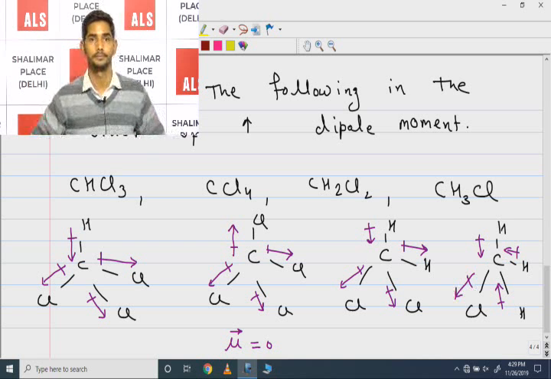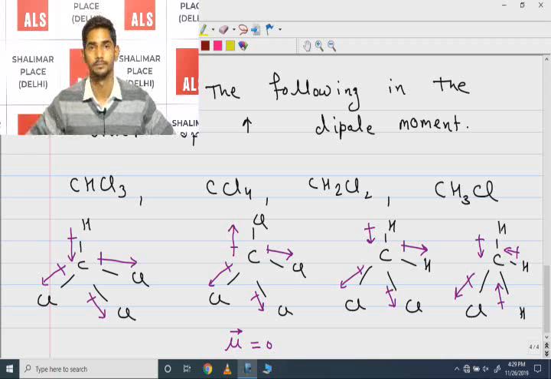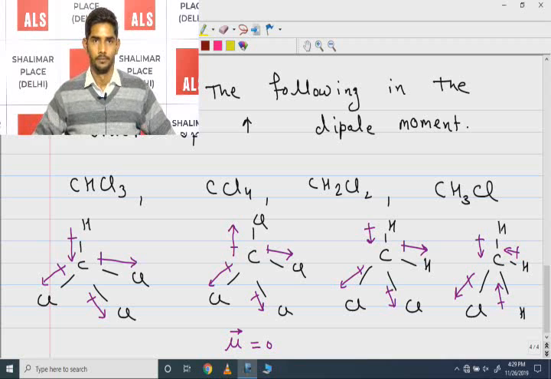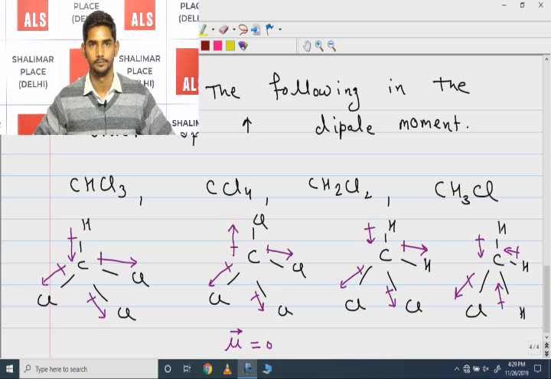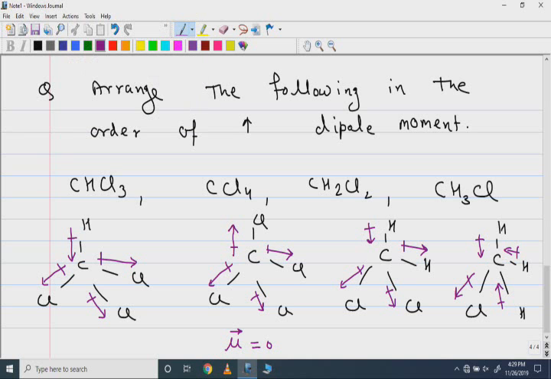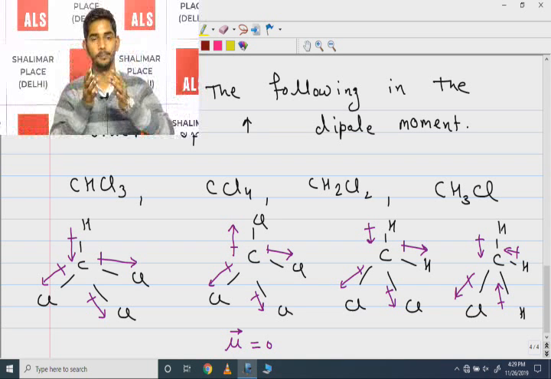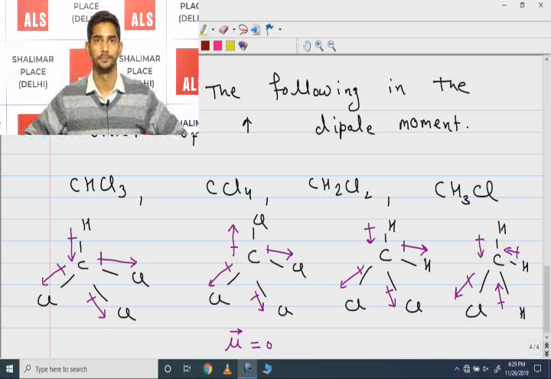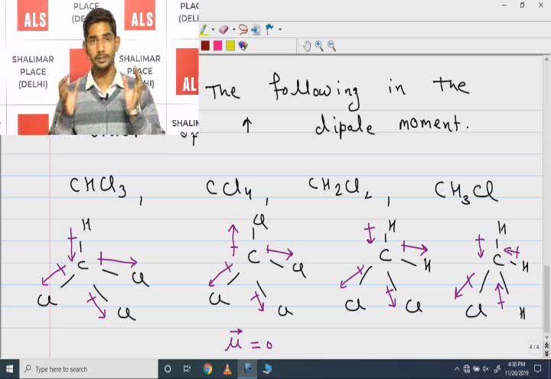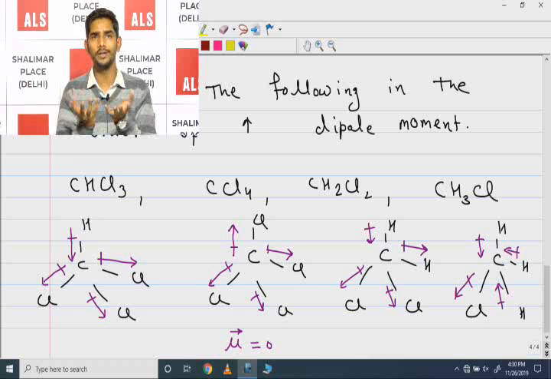Check out and tell me what the order should be. Think like this: where are you getting the maximum dipoles moving in the same direction?